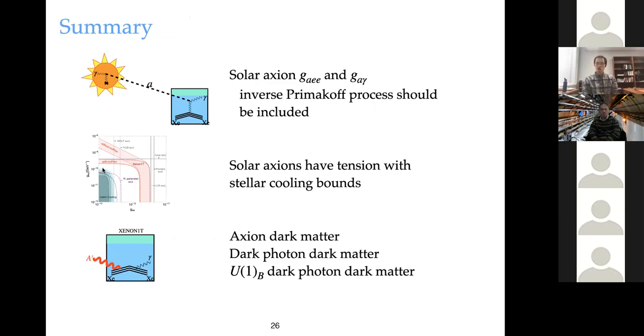To remove the bound, you can have new physics, or you can twist the solar physics, putting in a large magnetic field. The other thing I mentioned quickly is dark matter. Ultralight dark matter can also explain the excess, because the flux is much larger than the solar axion flux.